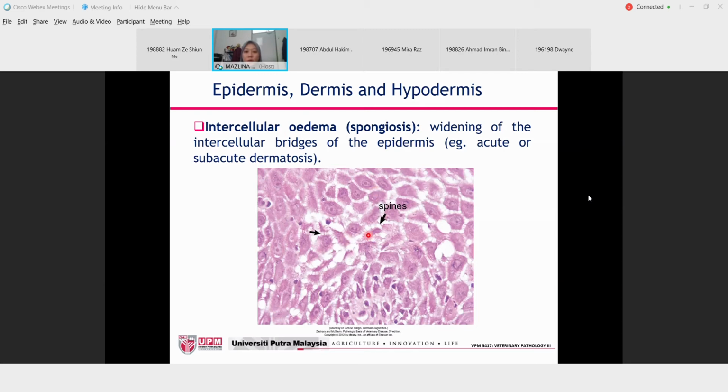Okay, so you see the spines, these are the intercellular bridges. Here you see very obviously that the intercellular bridges are lost, and there is an increase in the gap between the cells. Okay, so this can be seen in cases of acute or subacute dermatosis. In any skin disease, you might always see this. This is like an early change of skin lesion in many skin diseases.